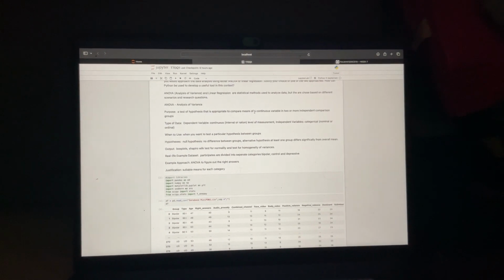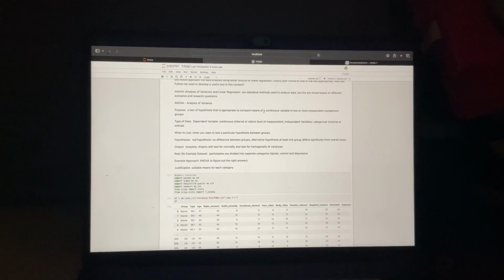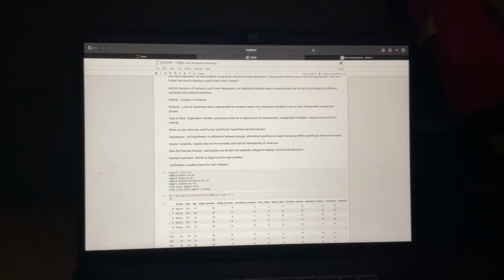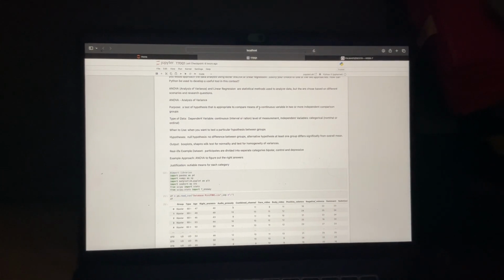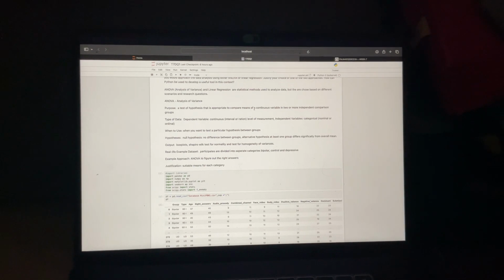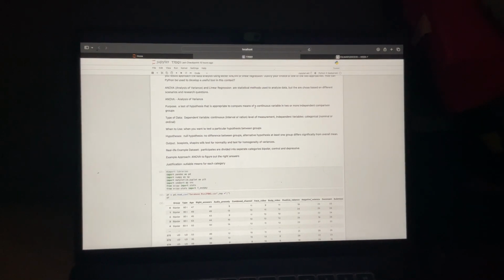You use it when you want to test a particular hypothesis between groups. The null hypothesis is no difference between the groups, and the alternative is at least one significant difference in the mean. The outputs would be box plots, the Shapiro-Wilk test, and a test for homogeneity of variance.